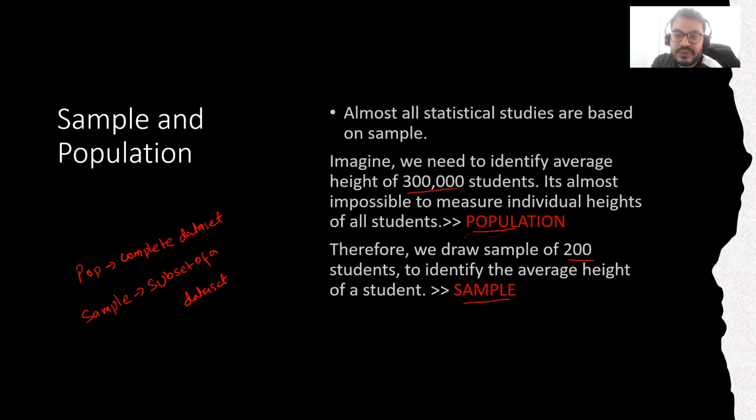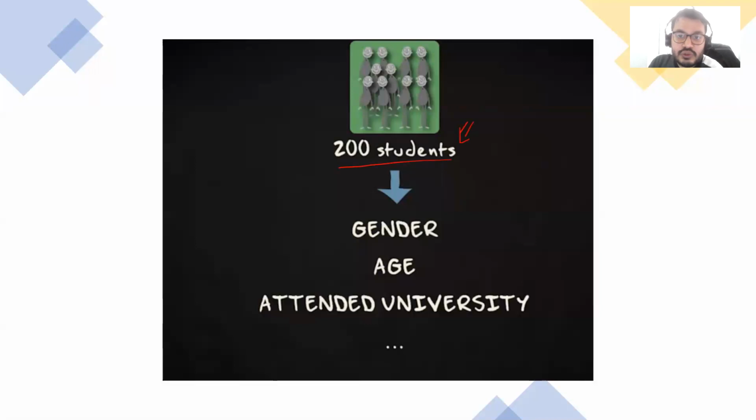The sample should not be specific to one group, and should include all criteria, for example gender, attended university, age, or even hobby. It should not be biased to one factor, one group, or one community.